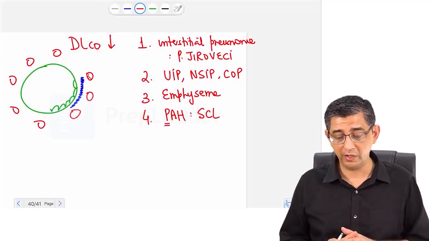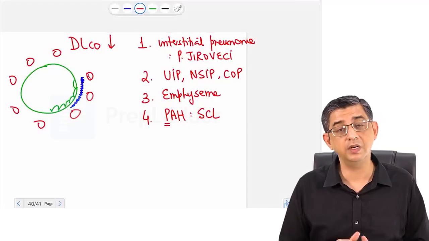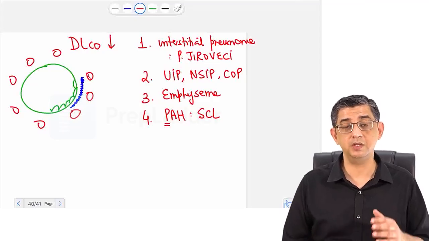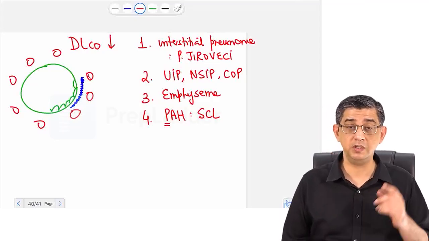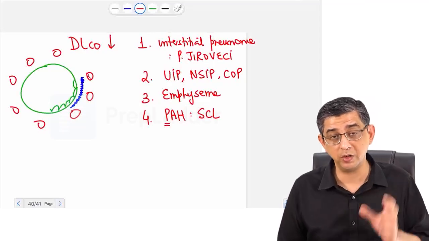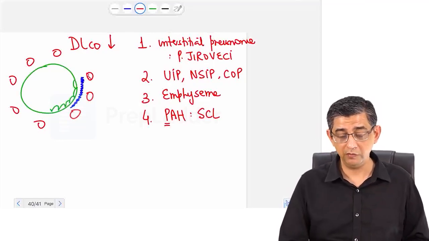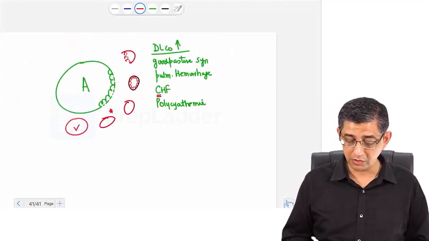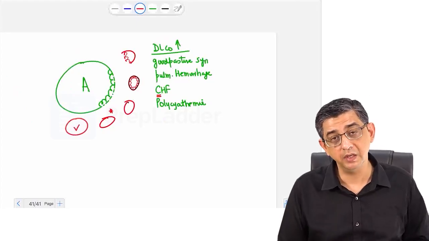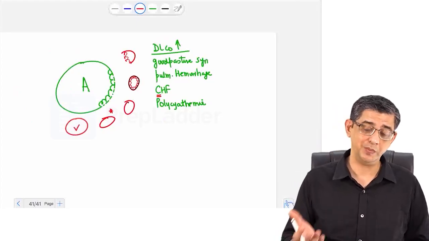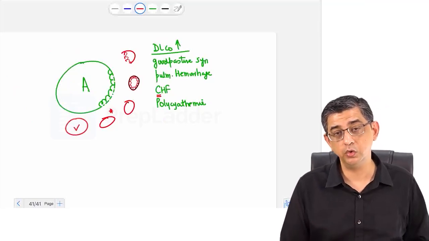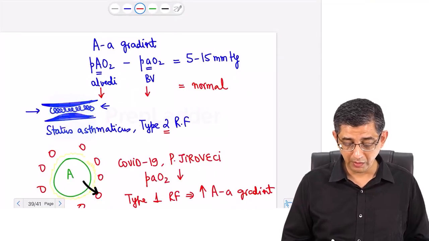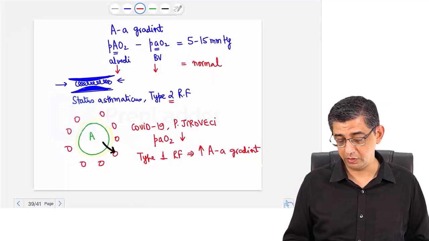But the point is that if you just focus on the words that are currently on the slide, there is pus present in the interstitial space, there is fibrosis in the interstitial space, there is alveolar scarring, and there's fibrosis in the wall of the blood vessel. All of these will hamper and will cause a reduced DLCO, in contrast to the conditions where I mentioned an increased DLCO. Obviously, these aspects are discussed in physiology as well, so you are anyway familiar with them, but I think it could be a revision from the physiology domain.